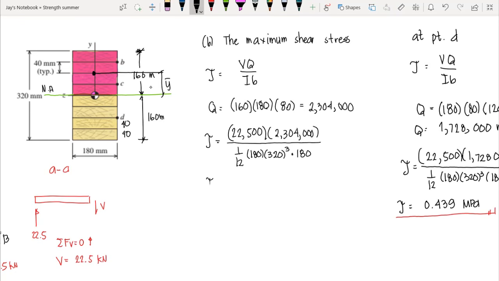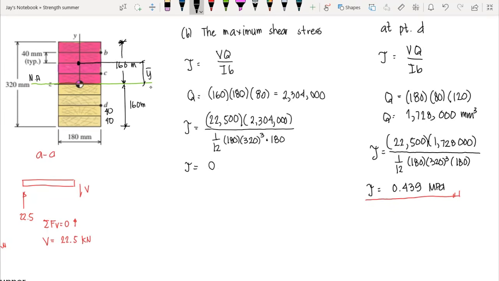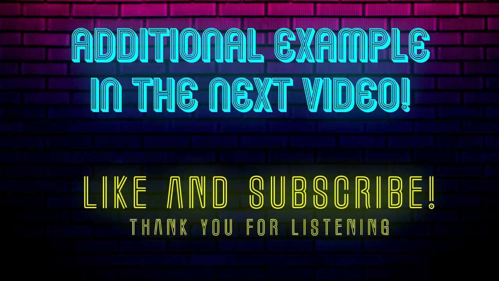So this formula gives us the maximum shear stress, which is equal to 0.586, that is in megapascal. So this is the maximum shear stress which is on the neutral axis of our cross section.